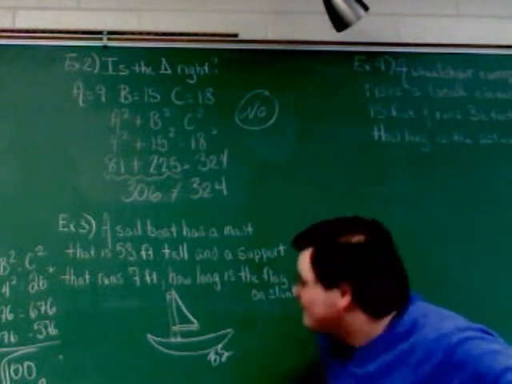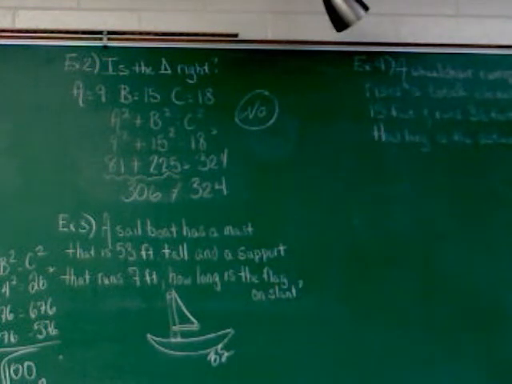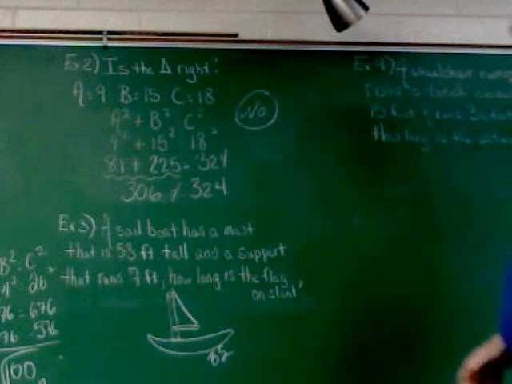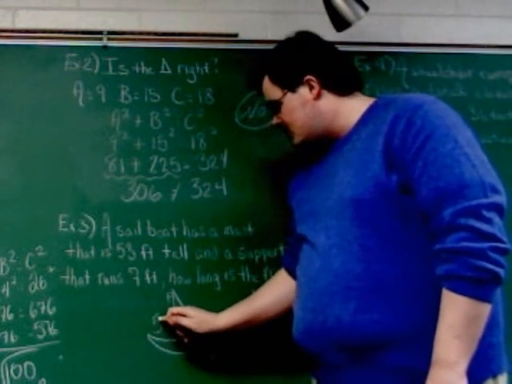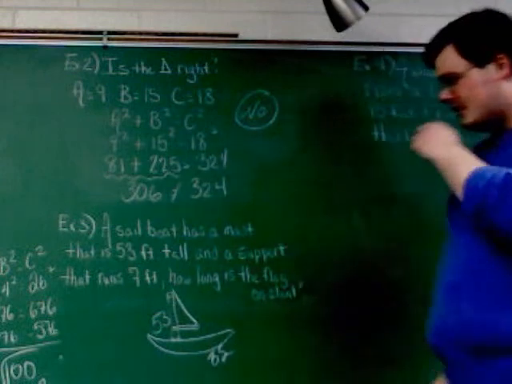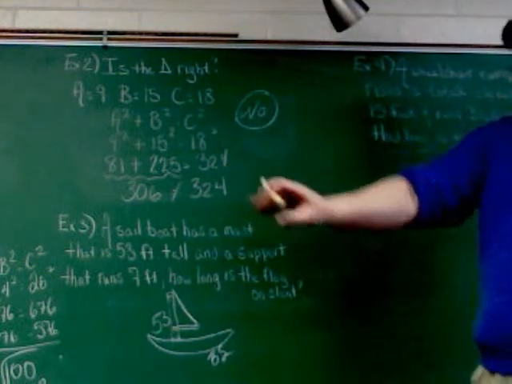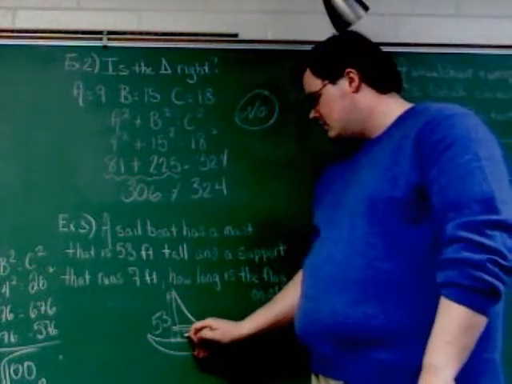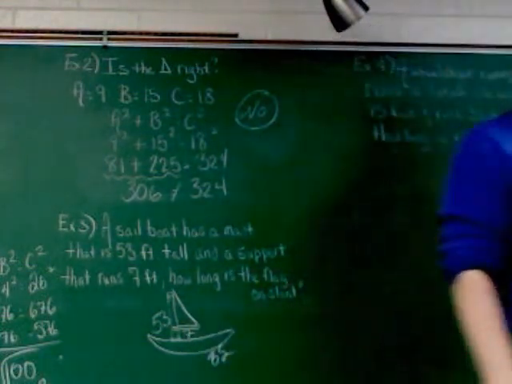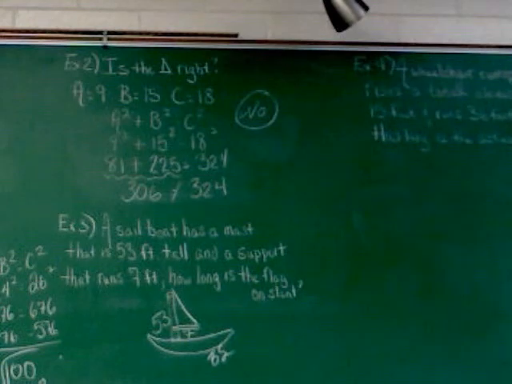Okay, so here's what we know. All right, the mast is 53 feet tall. So this thing is 53 feet tall. We know that the support, that's the one that runs this way, is 7 feet. Okay, now you can see the right angle here really easily.